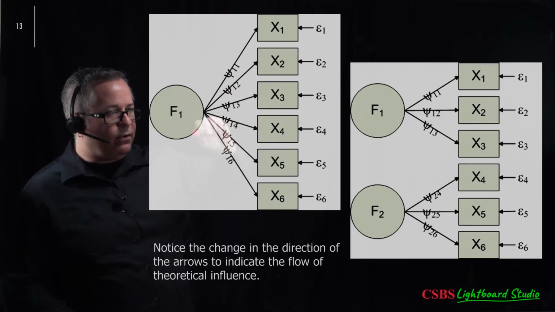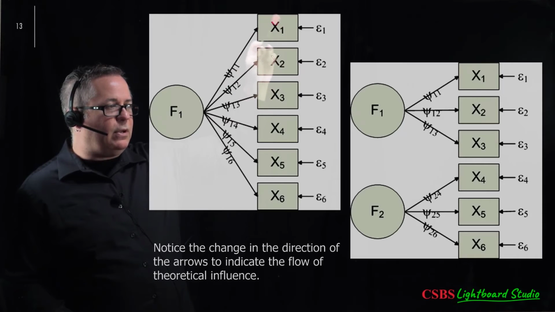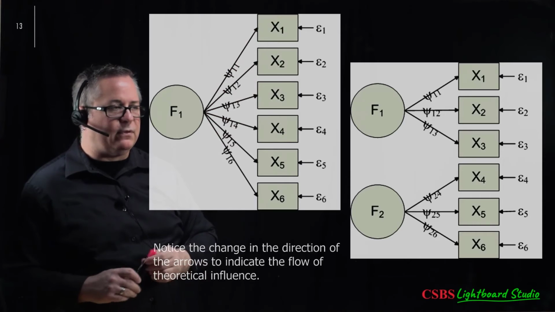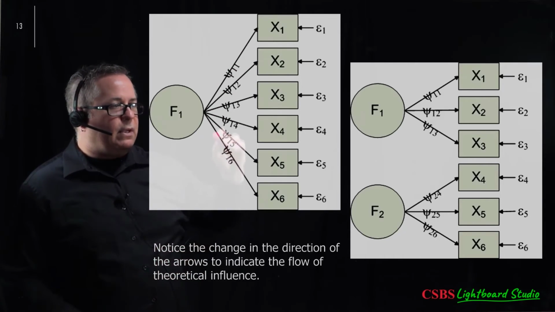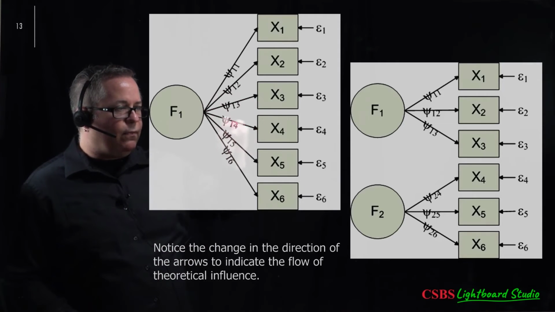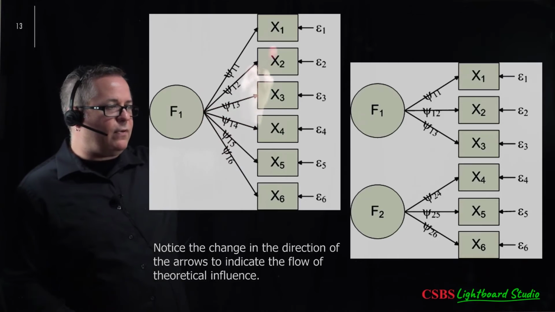Right? Notice the arrow is going this way. The f drives x1, and the part of the variability in x1 that f1 explains is the commonality, the part that actually is common between all the items. All right. So again, same thing. We're saying that there are 5 weights where f1 is driving all 5 of the items.